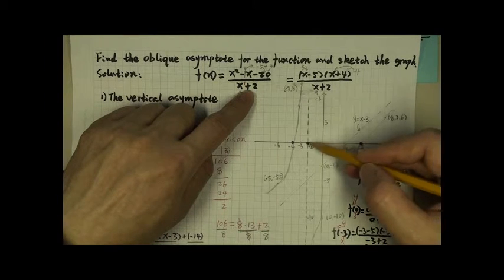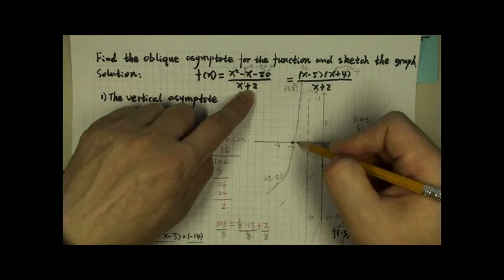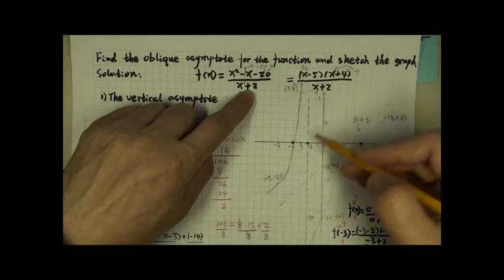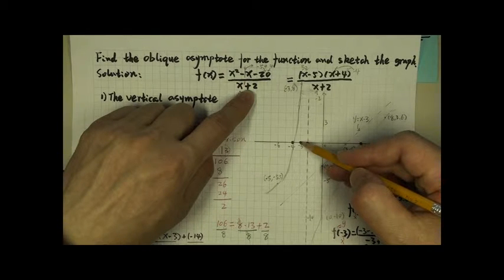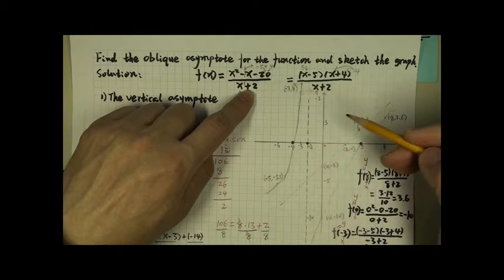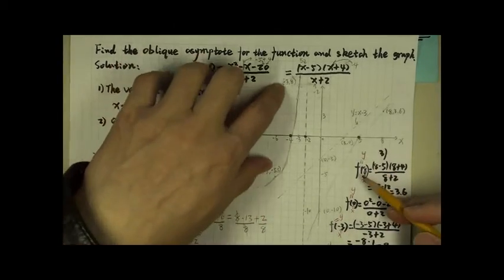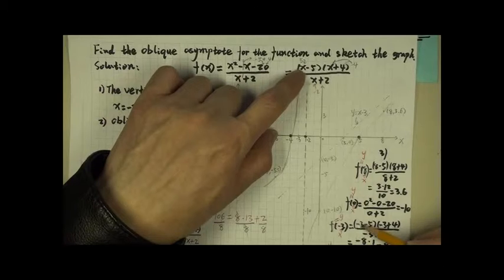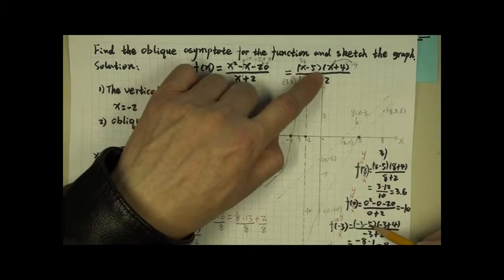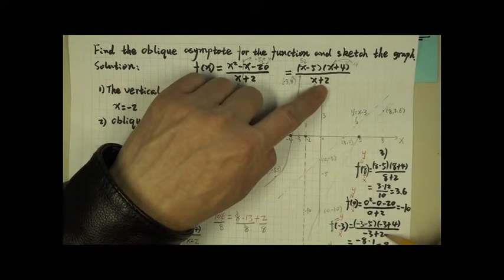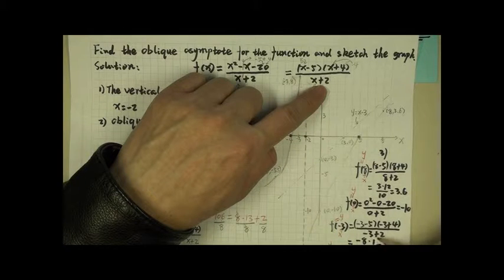Now we are clear about these two parts. Then we need to be clear about this part and the part to the left of negative 4. We choose negative 3, between negative 4 and negative 2. Plugging in negative 3: negative 3 minus 5 times negative 3 plus 4, over negative 3 plus 2, which gives a denominator of negative 1. Negative 3 minus 5 is negative 8, negative 3 plus 4 is 1.